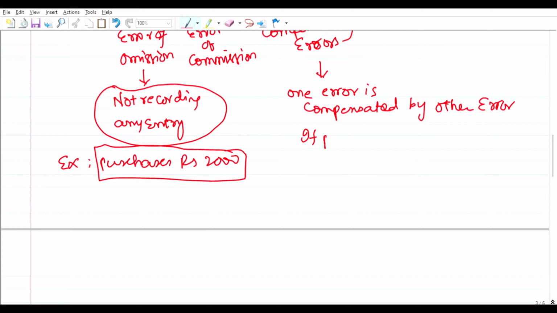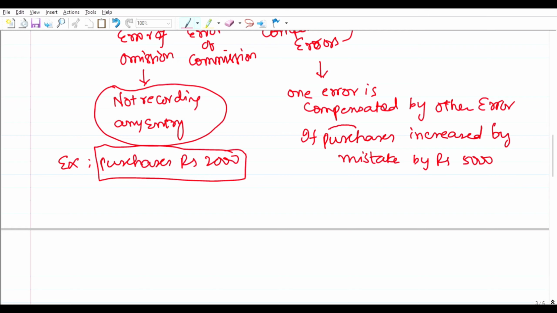Example, if purchases are increased by mistake by rupees 5000, then in order to compensate this error of increasing purchases by rupees 5000, they are going to increase sales also, by compensation, increase in sales by rupees 5000, due to which no profit no loss, right?